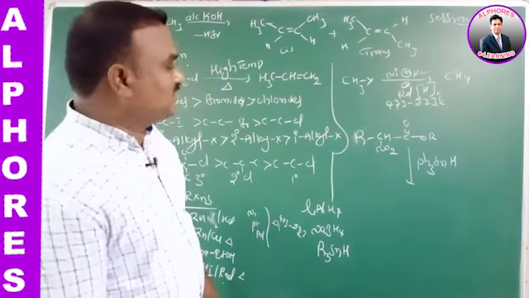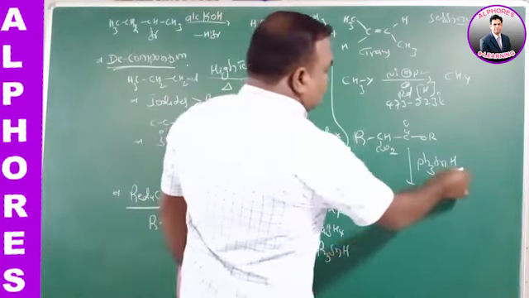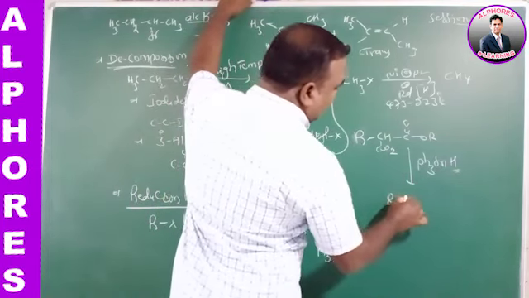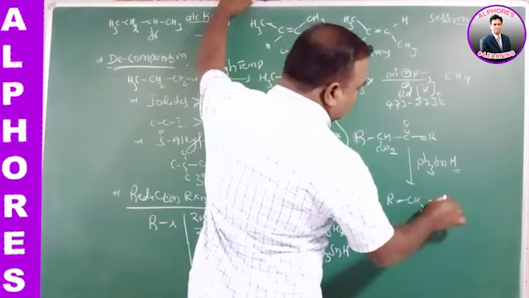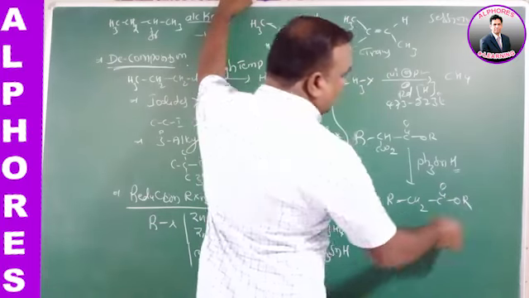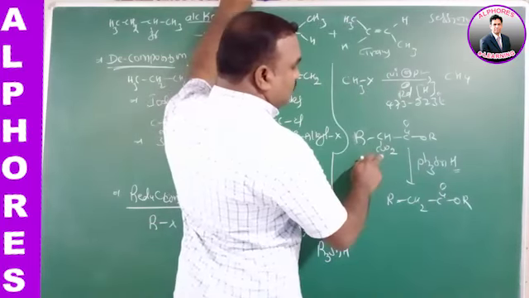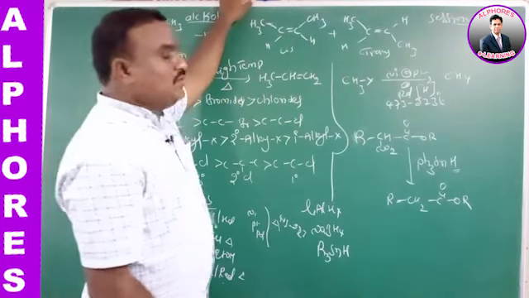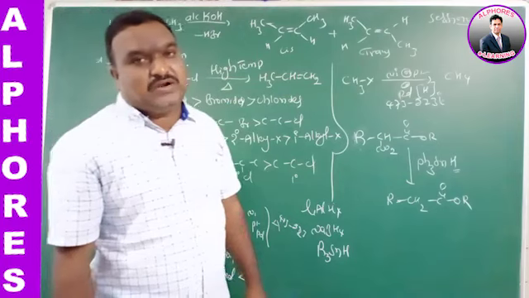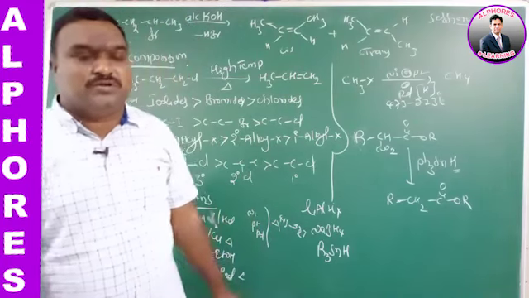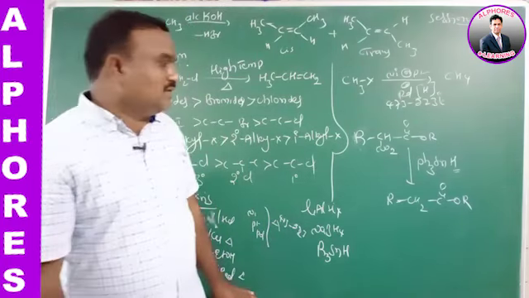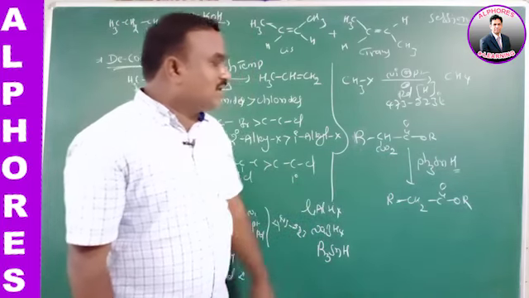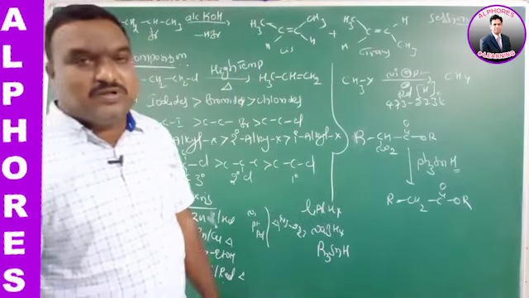Triphenyl tin hydride is given, so it undergoes reduction, finally forming RCH2 C double bond OR. It shows effect on the NO2 functional group but not the ester functional group. That is the specialty of trialkyl tin hydride. This is the way to write the reducing reagents whenever trialkyl tin hydride is given.